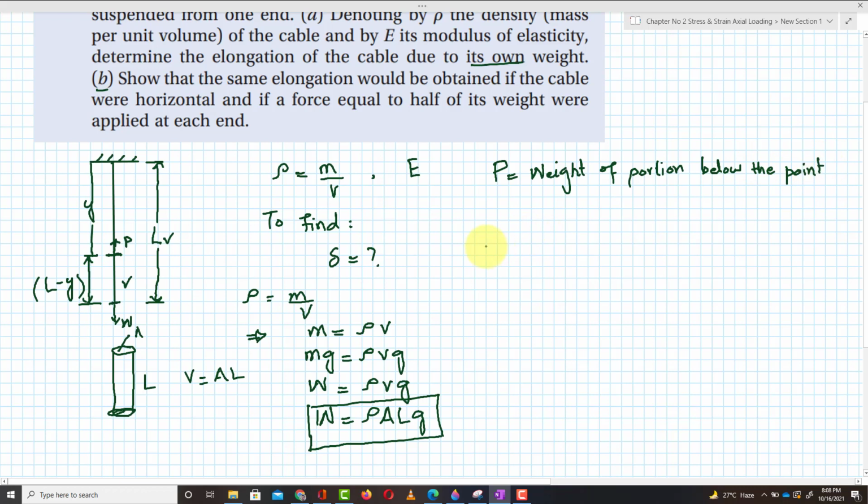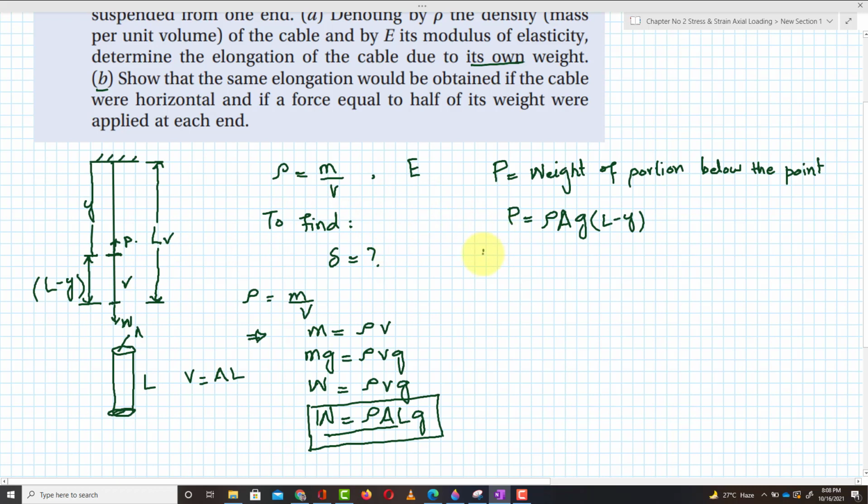So this load P will be equal to what? Now this was the formula for the whole weight of the cable. So this portion will have weight equal to rho A g into, now instead of L we will put L minus y, so it will be L minus y, and W will be the same as P for this portion. Clear?